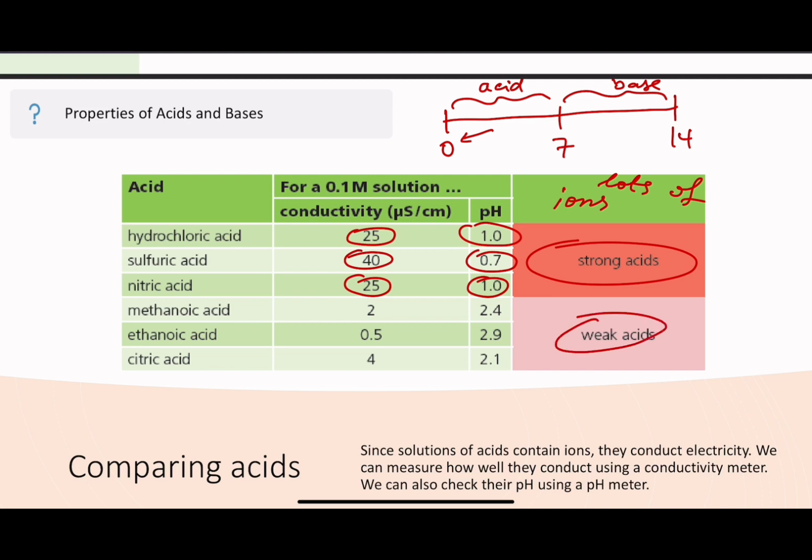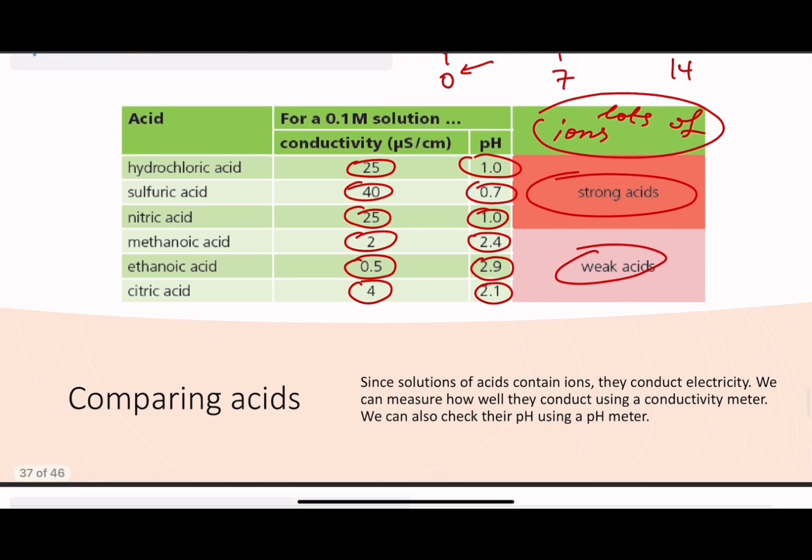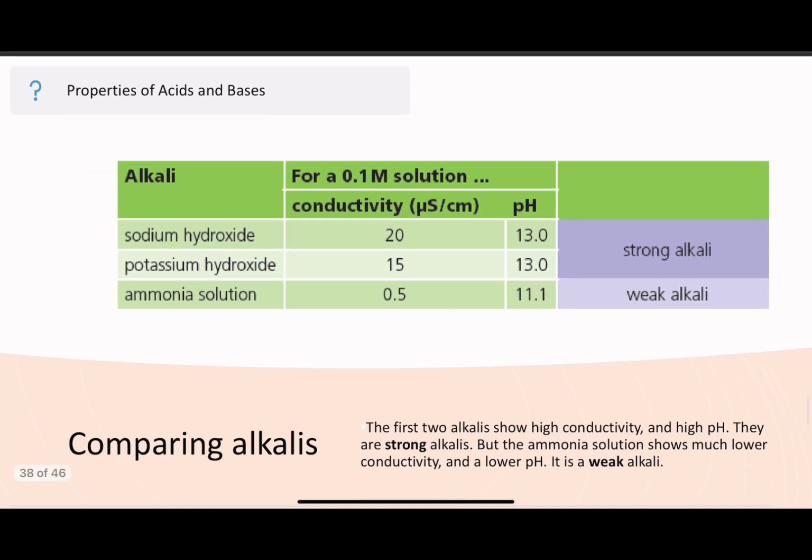While weak acids have slightly higher, actually they could have pretty high pH levels, but less than 7. And that's why their conductivity is low, because they do not fully ionize, okay? They do not fully ionize, while strong acids fully ionize.